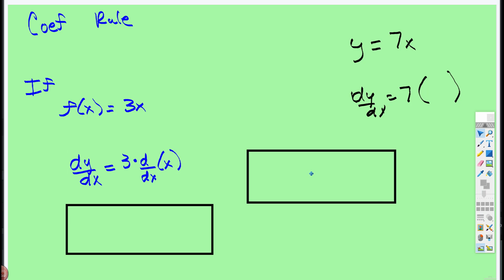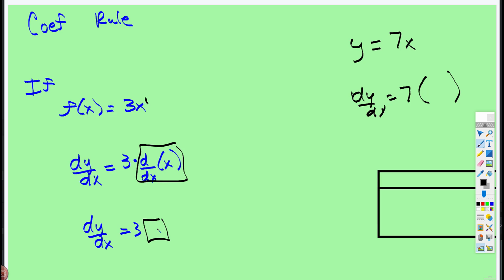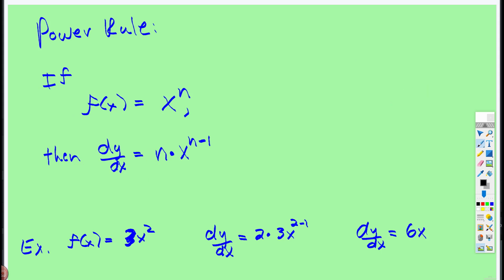So notice, here we have f of x is equal to 3x, and that's x to the first. In a second, when we're talking about the power rule, you'll see the rest of this. But notice that 3 will stay the same, and then whatever is left, you'll multiply. But you'll see in a minute that what you're going to multiply is 1. So let's do the power rule.